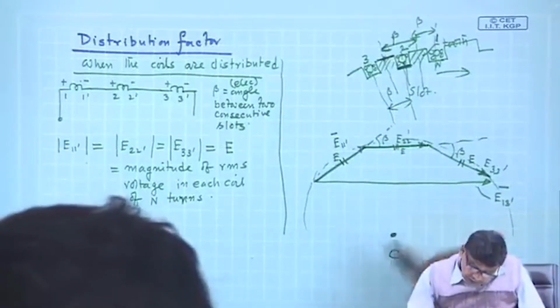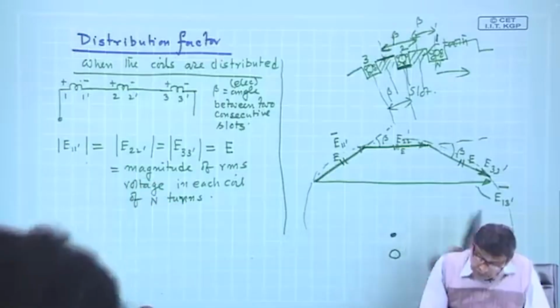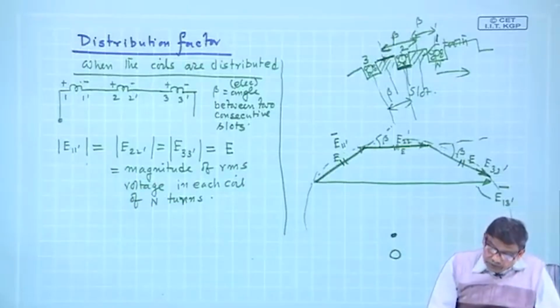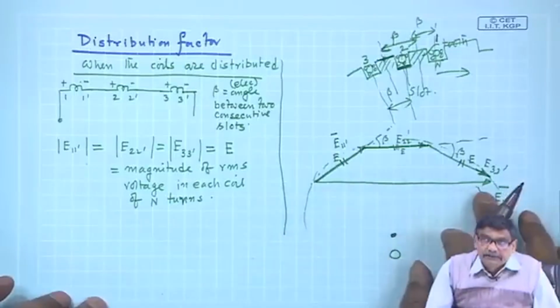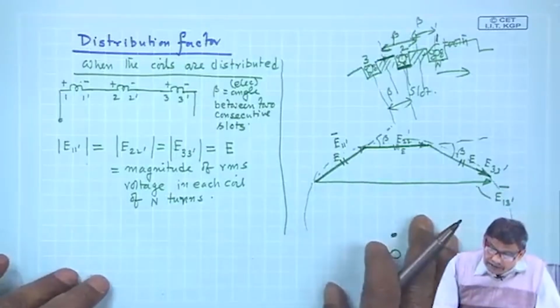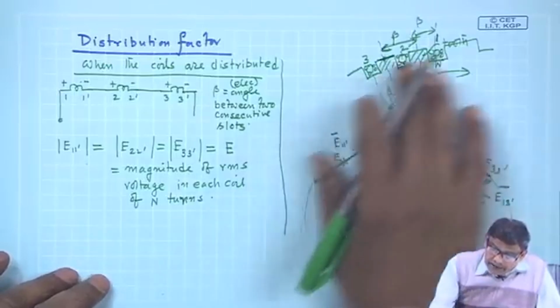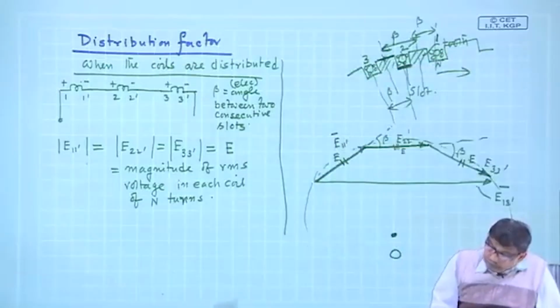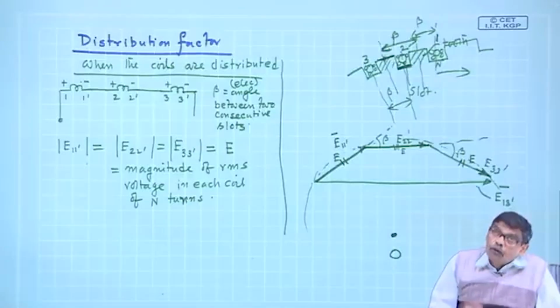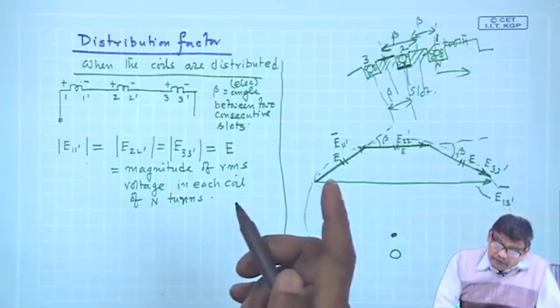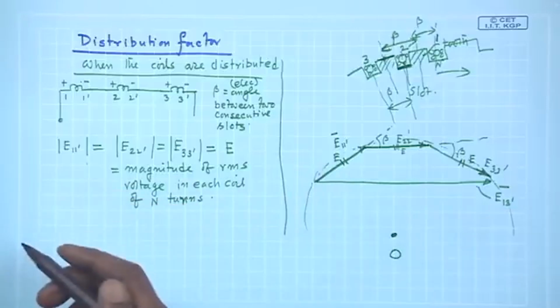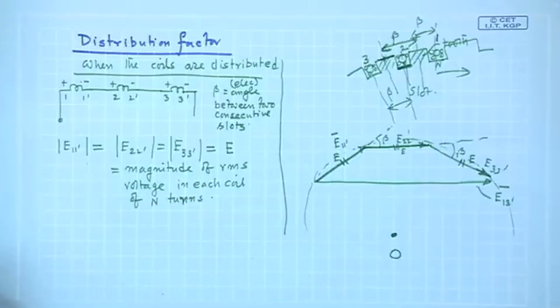Then what is my goal? My goal is to find out this resultant voltage, an expression of that, the resultant RMS voltage, and compare it with the situation when all the coils were concentrated, not distributed.